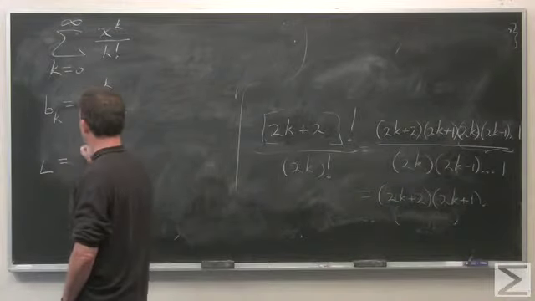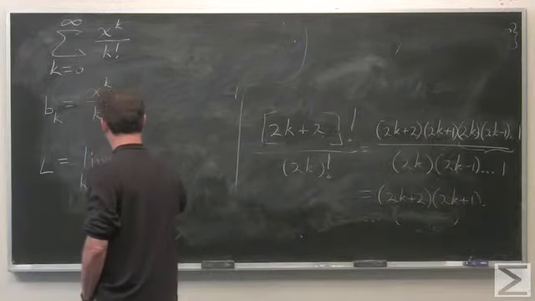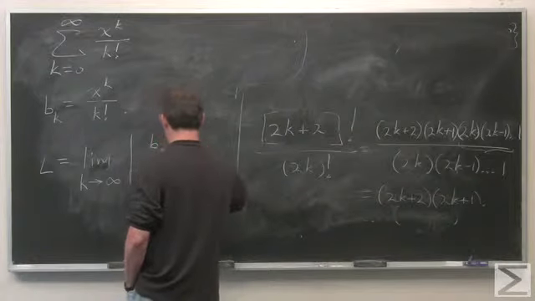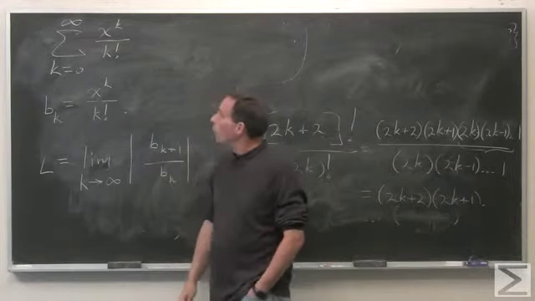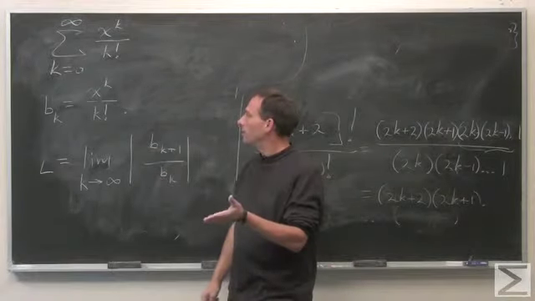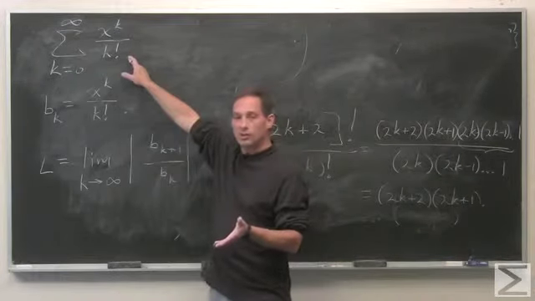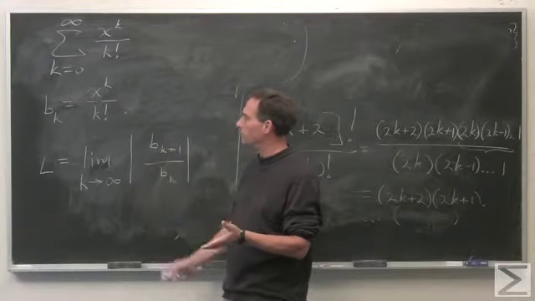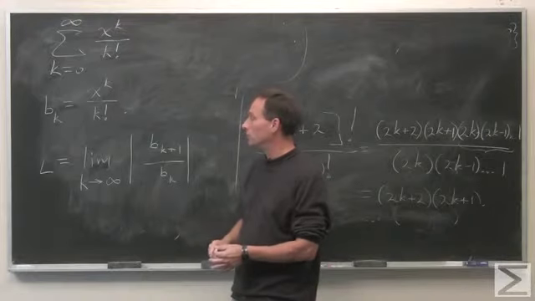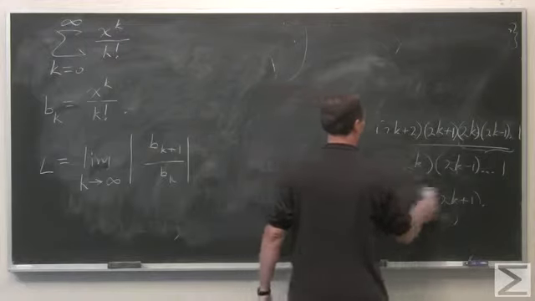The limit we want to look at is the limit as k approaches infinity of the absolute value of b sub k plus 1 divided by b sub k. For those x's where this comes out less than 1, the series converges. For those x's where this limit comes out greater than 1, the series diverges. And for x's where this limit equals 1, the ratio test tells us nothing. So this is what we want to calculate right now.